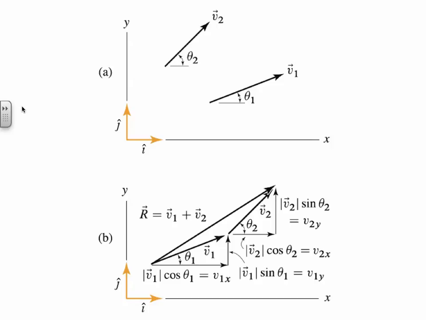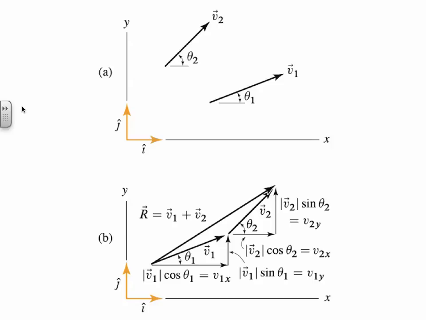This slide contrasts our previous geometric approach with our current Cartesian approach. Here we begin with two vectors of known magnitude and direction, and we wish to add them together to form a resultant. In our geometric approach, we make use of the properties of triangles.